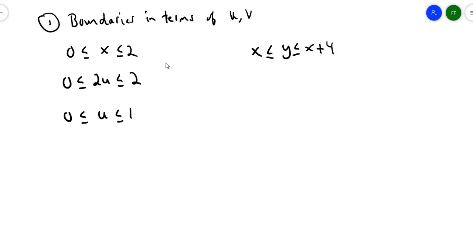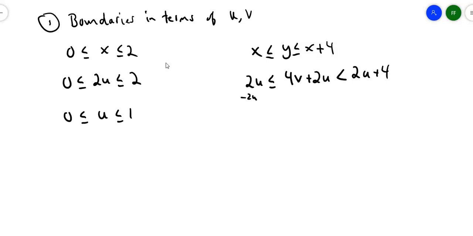How about over here? Well, again, we got to replace that x with a 2u. Now we get to replace that y with a 4v plus 2u, again, because the problem said to. And on the other side, the x plus 4, again, let's replace that x with a 2u. All right, what can I get rid of? I can get rid of a 2u from everything, right?